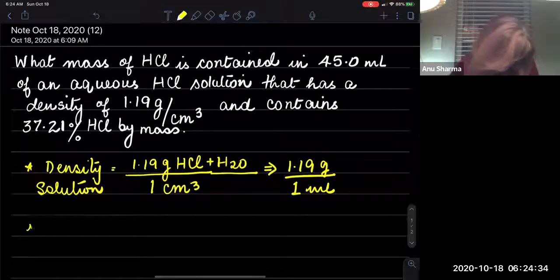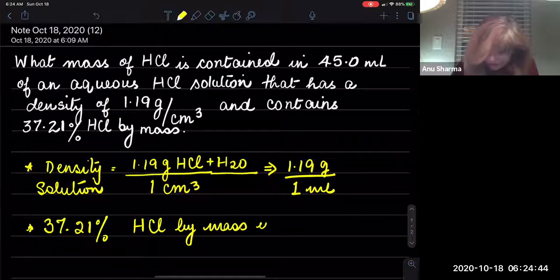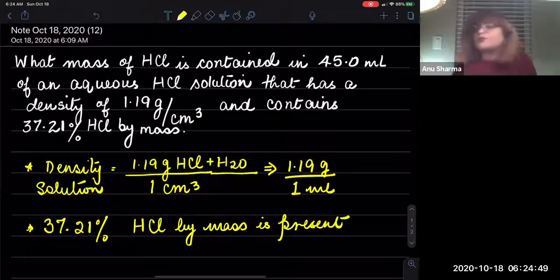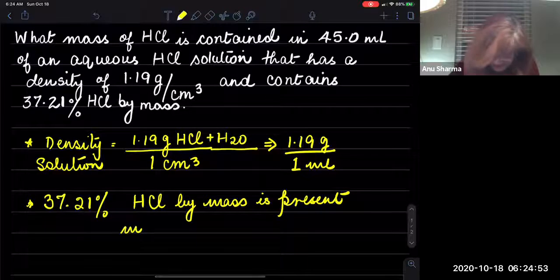Second thing we know is this thing, 37.21% HCl by mass is present in the solution. This is something we have to understand the problem and come up with. So HCl by mass is present in the solution.